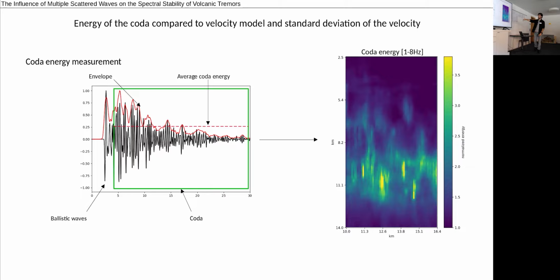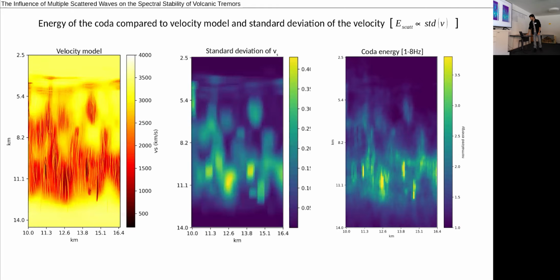And what we obtain is something like that. So we see that in the part in which we have more energy, more scattering, because the medium is more heterogeneous, we have more scattering. And then we try to relate it to the standard deviation of the velocity.